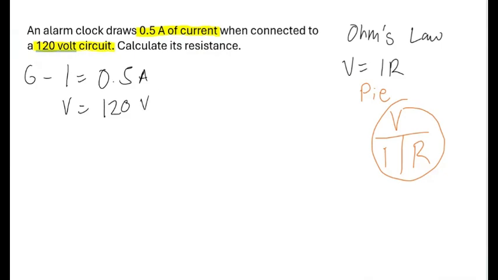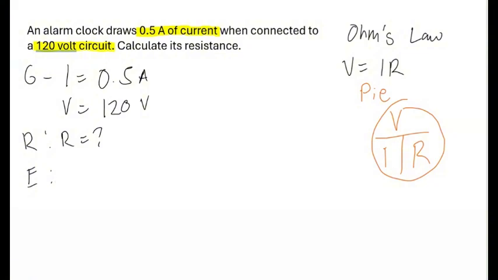The required is the resistance. We are finding the resistance. So we have our equation.